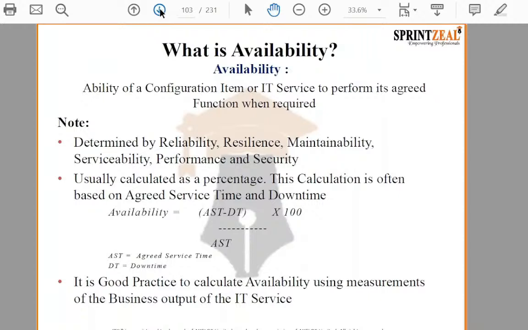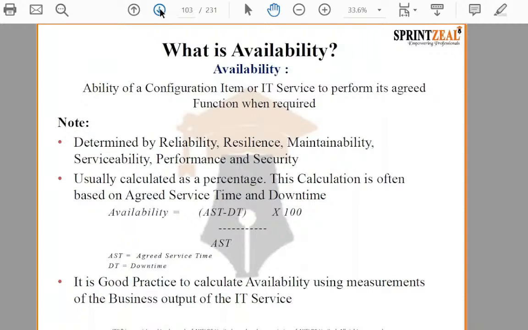Availability is usually calculated as a percentage. This calculation is often based on agreed upon service times and downtimes. So availability equals agreed service time minus downtime, times 100, over your agreed service time.